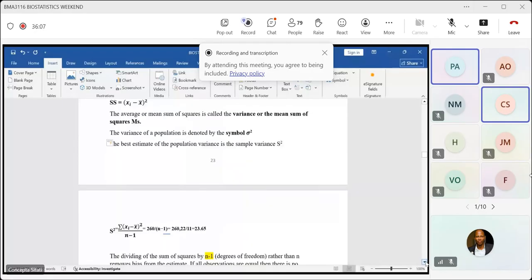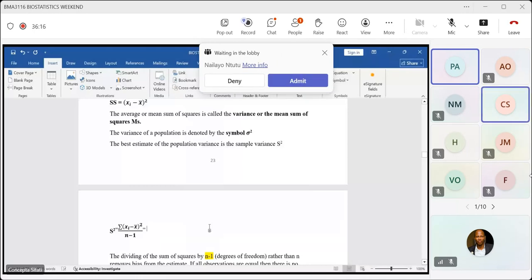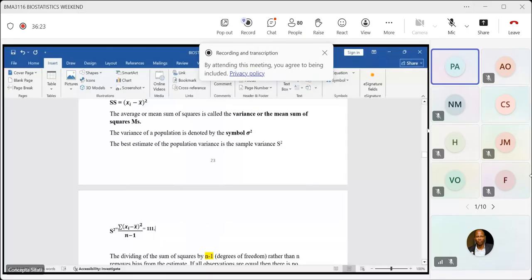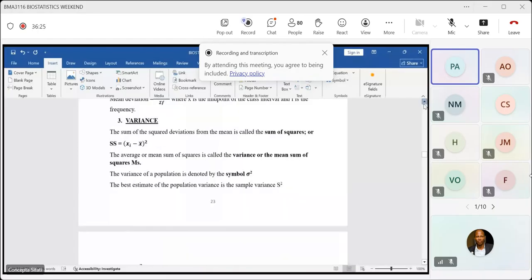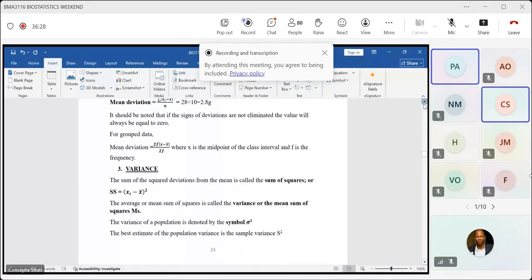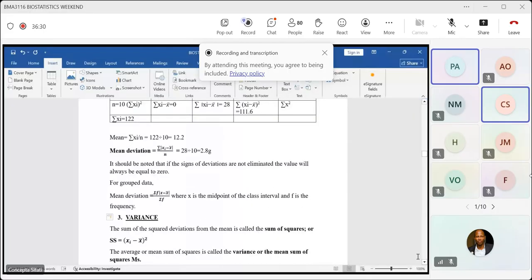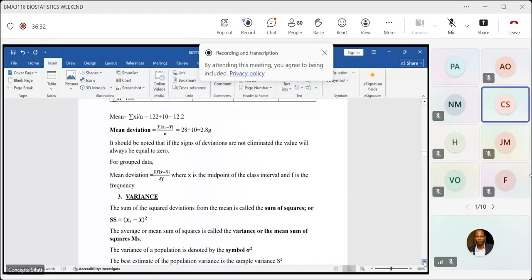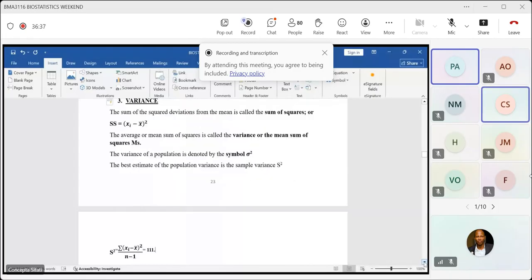So we can find our variance here. We had 111.6. Divide by n minus 1.